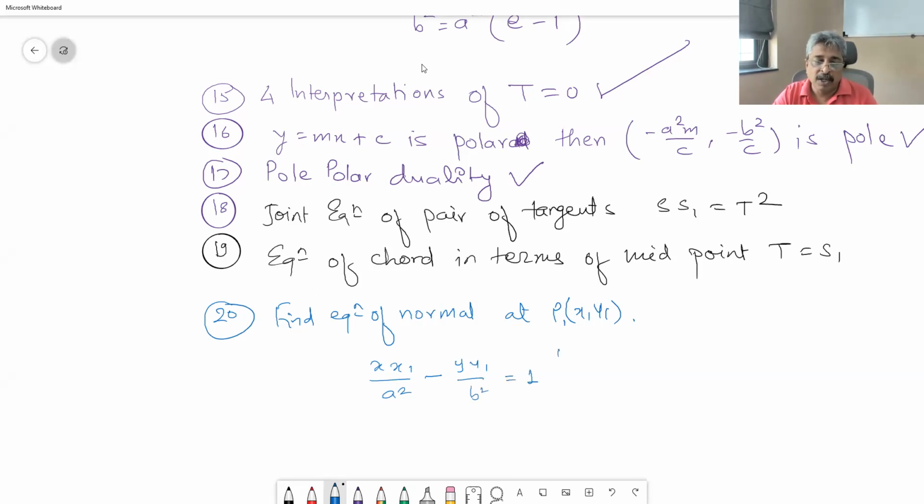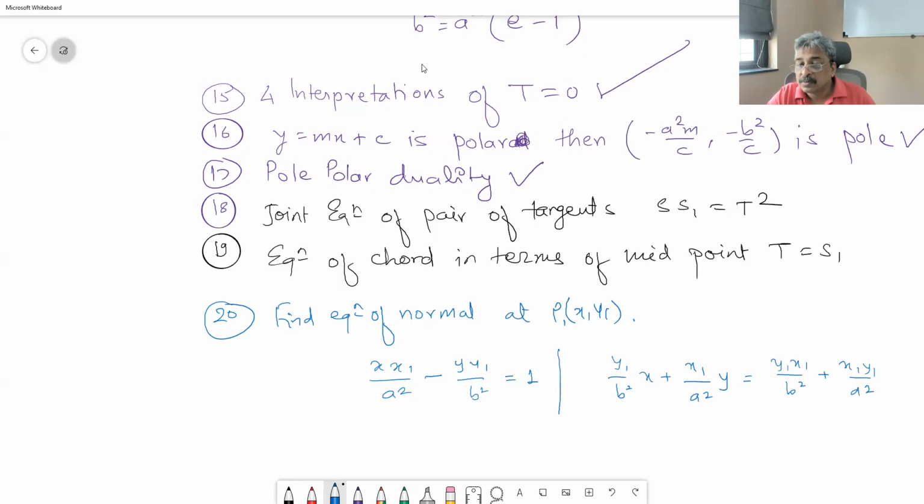So the slope of the normal is going to be this, y1 upon b square x plus x1 upon a square y, and if you substitute x1, y1 in the LHS, you should get the RHS, which is y1 x1 upon b square plus x1 y1 upon a square. Is that right? Is this correct up to this point?